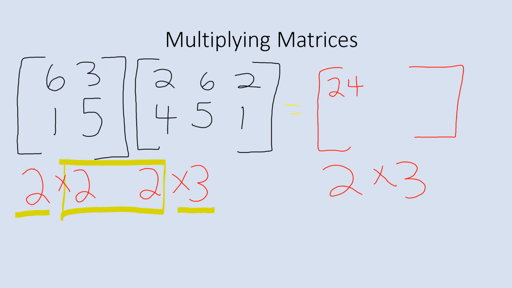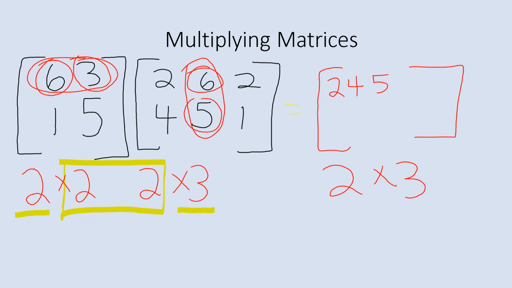Then we are going to multiply the first row by the second column. 6 times 6 is 36, and we are going to add 3 times 5, sorry, so we will have 36 plus 15, which is 51, and that's going to give us our answer right here.